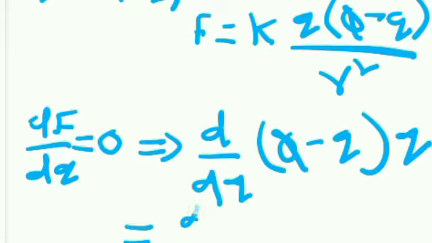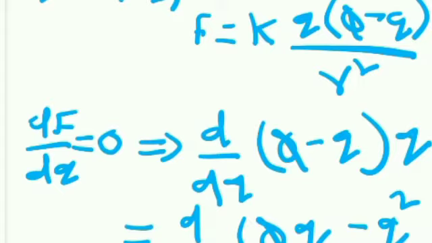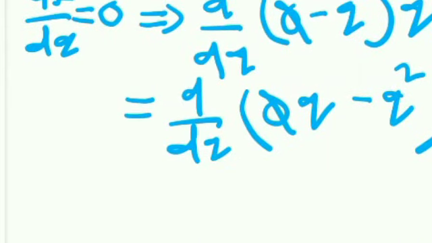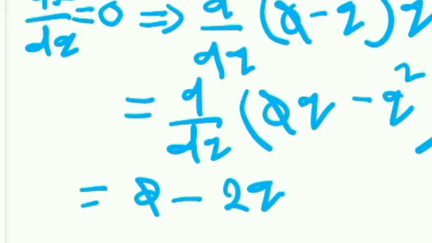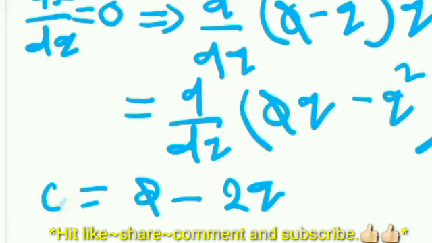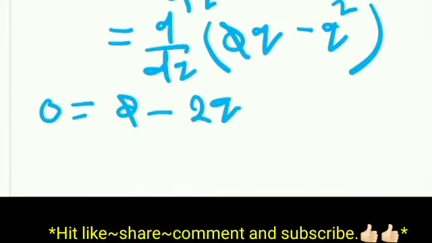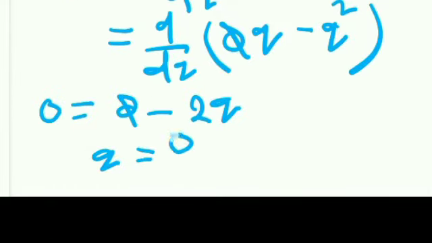Now d by dq of (capital Q small q minus q square). Differentiating with respect to q, we get capital Q minus 2q. Now this is equal to 0, so small q is equal to capital Q by 2.